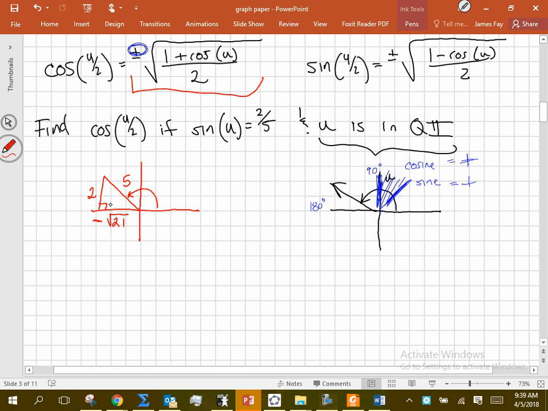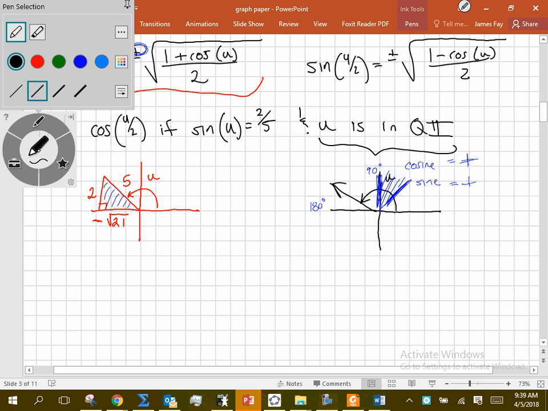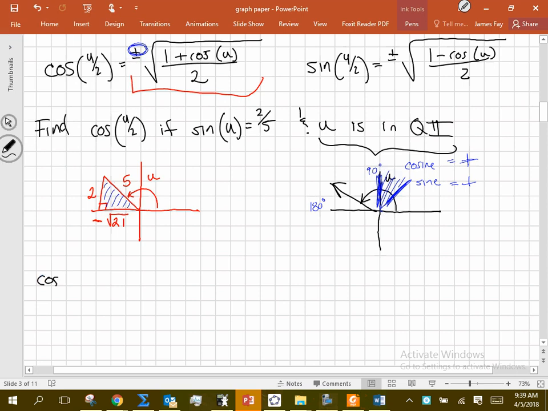Okay. So now, remember, that is U. And everything that we learn about this triangle here is exactly the same for U. So when I go through and try to find the cosine of U over 2, I write it as, we know we're going to use the positive version, square root of 1 plus cosine of U, but what is the cosine of U now?